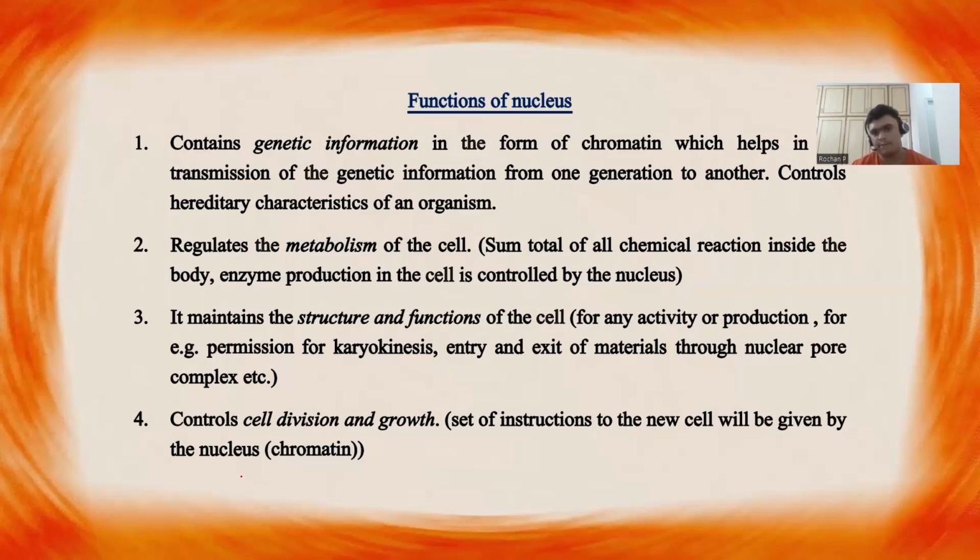If they don't follow, they're going to be fired from the company. The same way, every instruction given to the cell is given by the nucleus itself, and the cell must follow. If it does not follow, there's going to be a problem. That is how it controls cell division and growth.